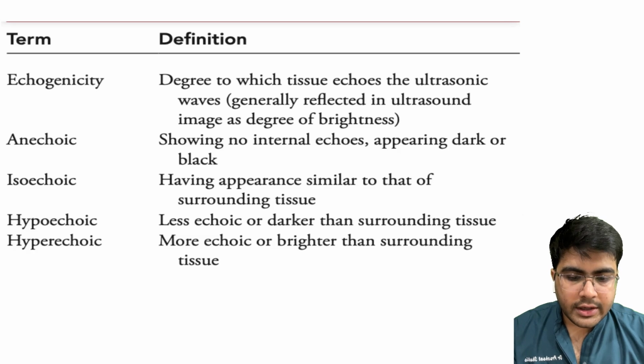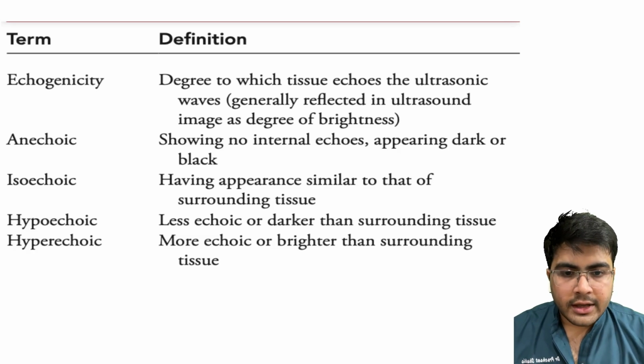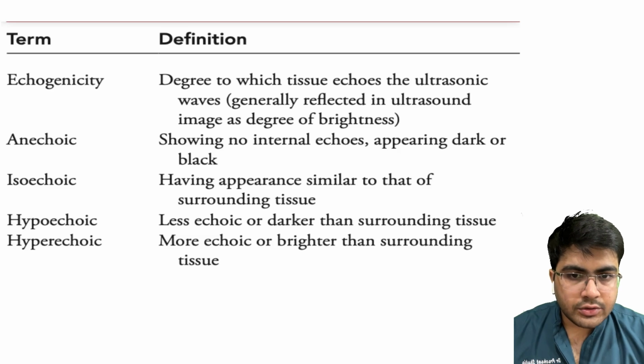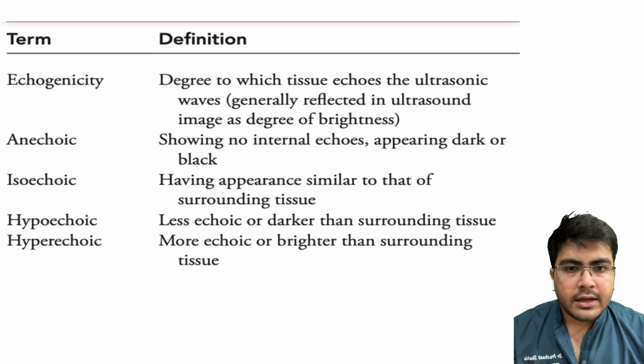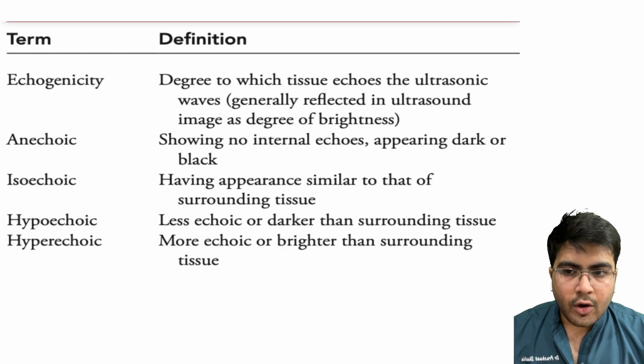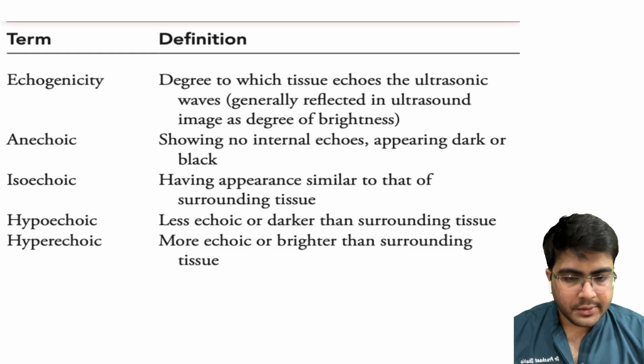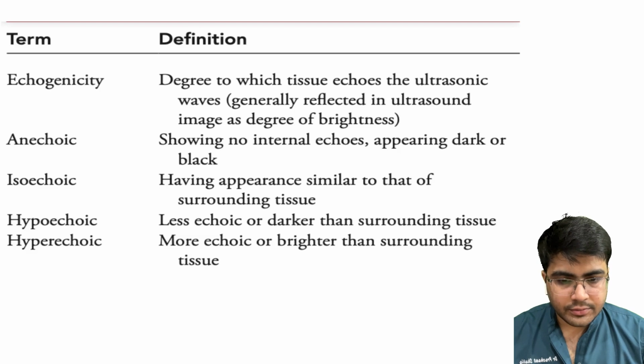Hypoechoic is less echoic or darker than the surrounding tissue. The surrounding tissue will appear brighter than the pathology you are examining, then you call it hypoechoic. Then the hyperechoic is more echoic or brighter than the surrounding tissue.